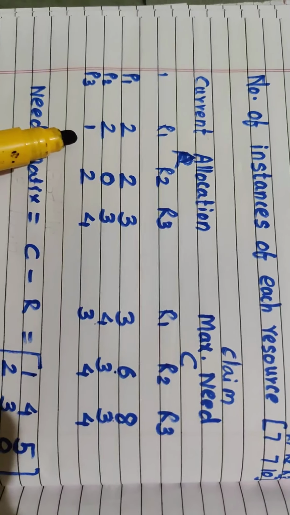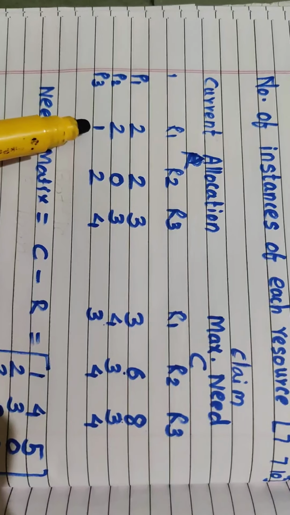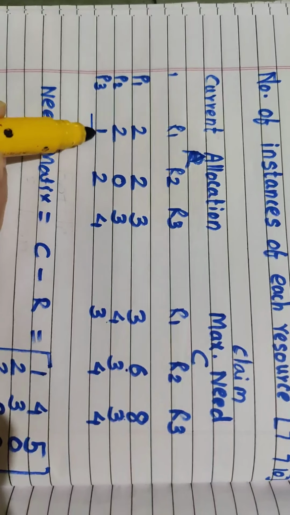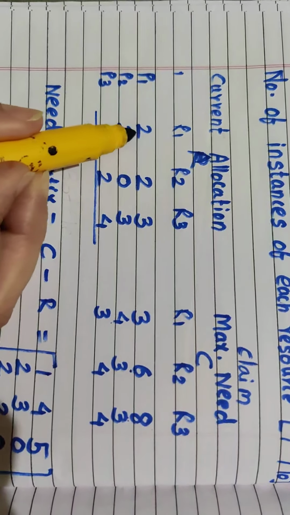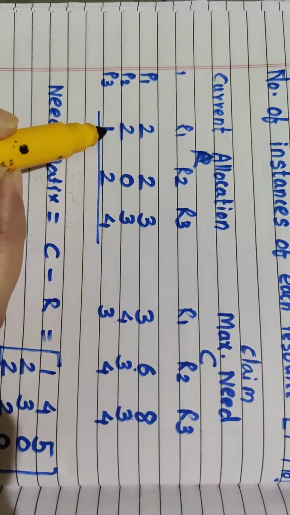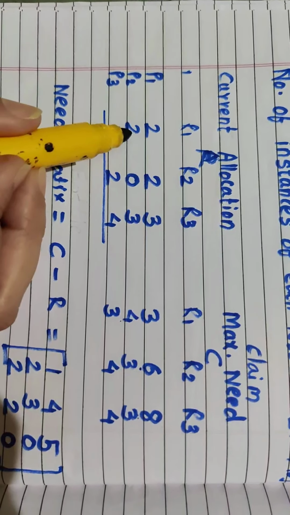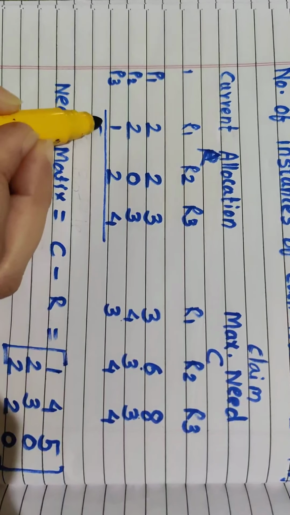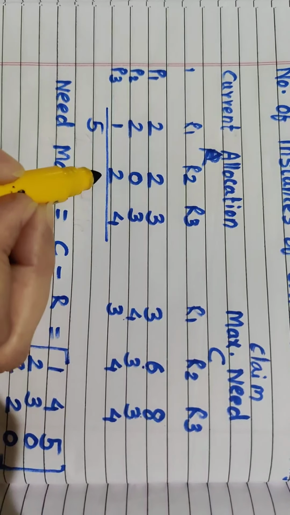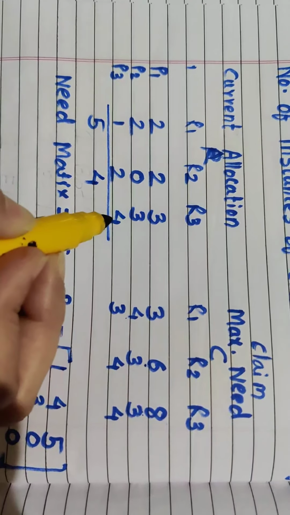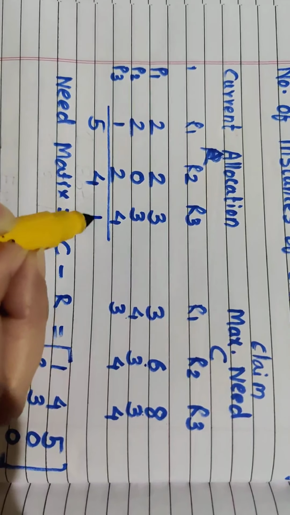So add all these allocated resources. 2 plus 2 plus 1 is 5. Here it will be 4. And here it will be 10.